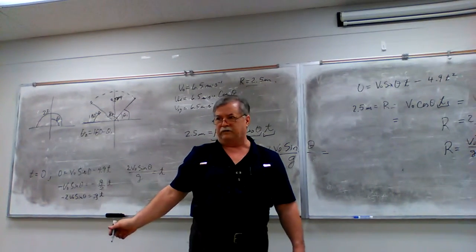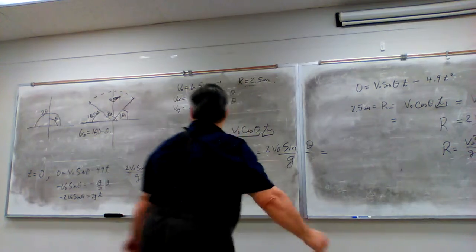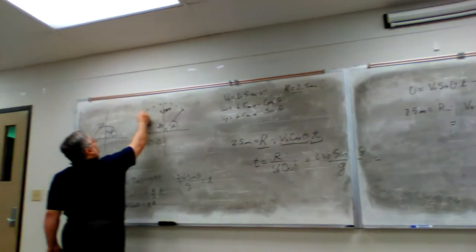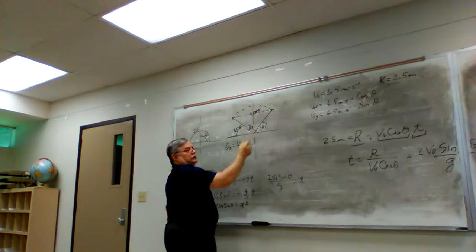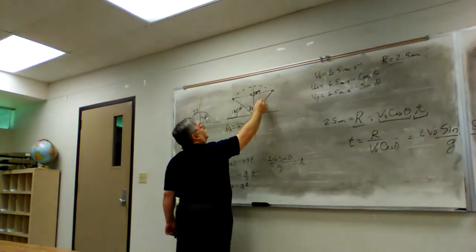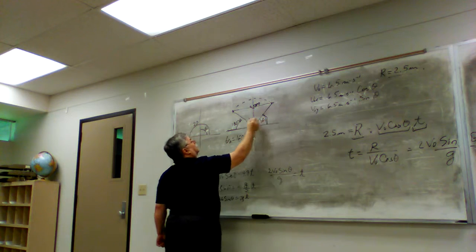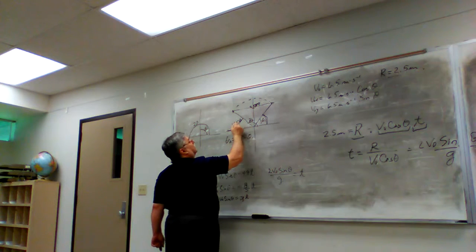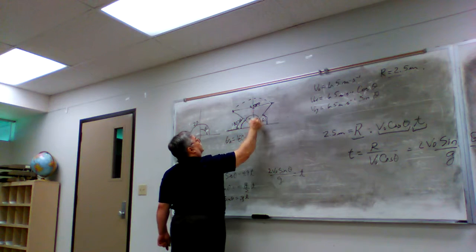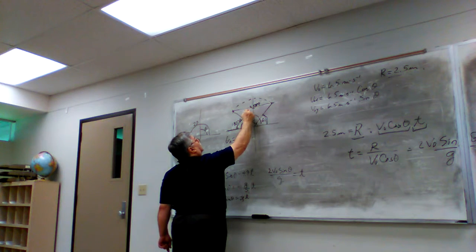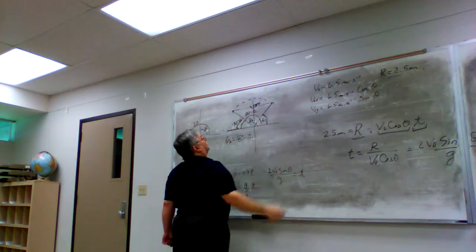Everybody understand why that's true? Look at the symmetry of your y coordinate, the sine of the angle. It's here. That means this angle is also theta, equal to theta 1 above here. So this becomes 180 minus theta 1.